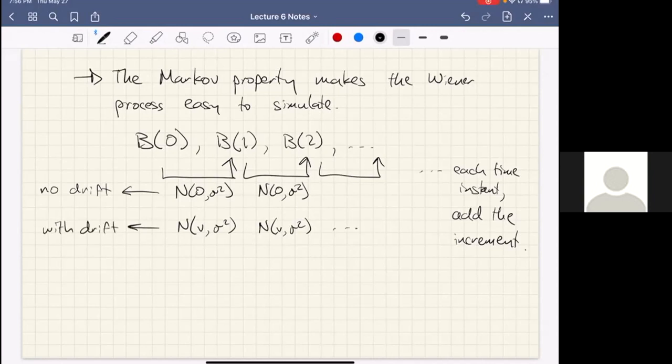If you want an arbitrary time increment, so for instance B of 0, B of delta T, or an arbitrary sampling interval, 2 delta T, and so on, the increments now become, if you go back, you can see this, but we scale the increment's variance and mean by delta T. So this would be N(V delta T, sigma squared delta T).